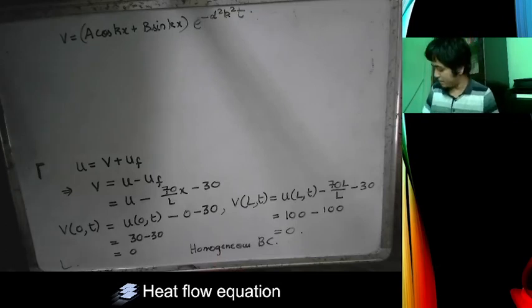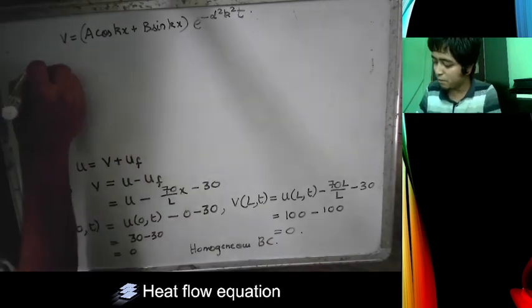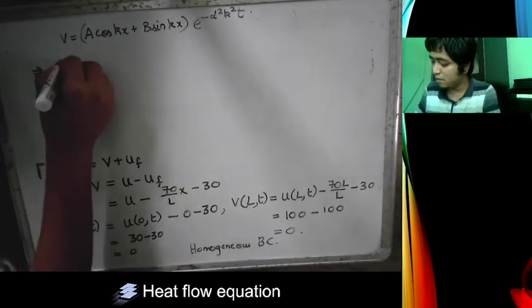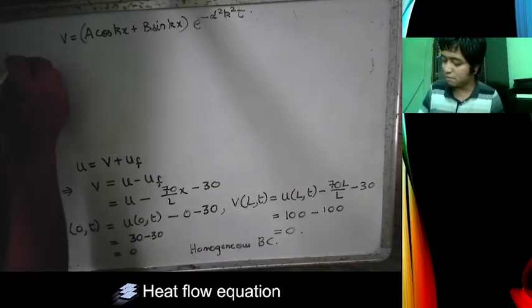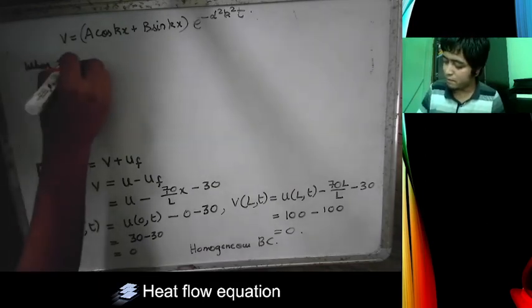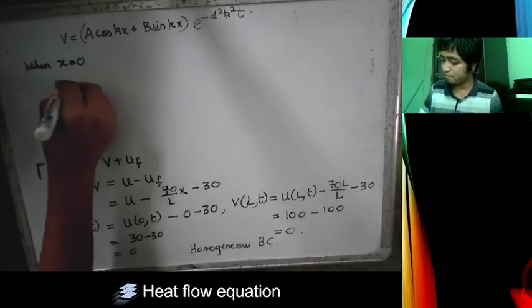And we had these boundary conditions. So what we will do is substitute x equal to 0. When x is 0, use this boundary condition, so V will be equal to 0.